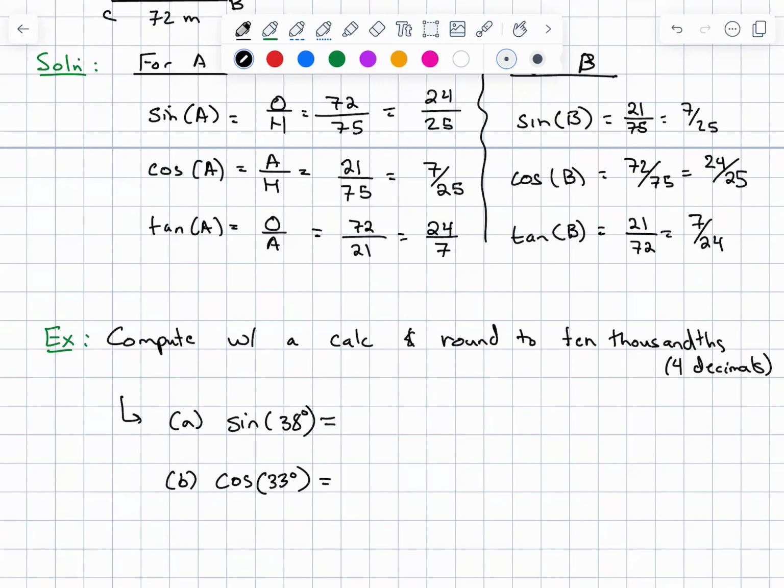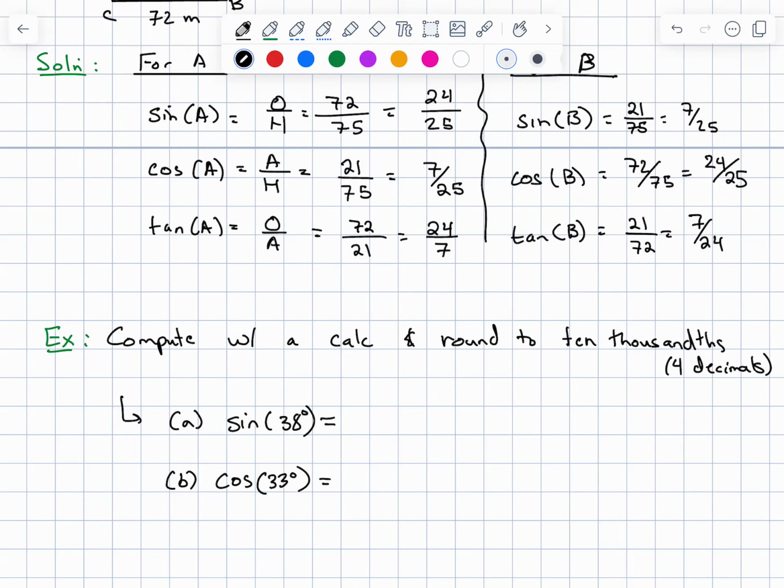If your calculator is in radians, you will get a completely different answer, because 38 radians is a lot different of an angle than 38 degrees. 38 radians is like several 360-degree revolutions.